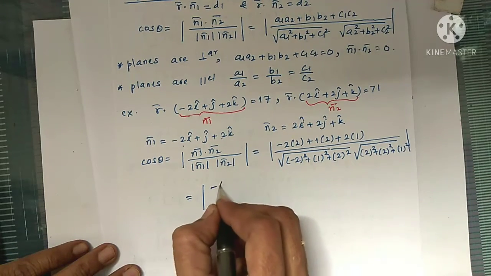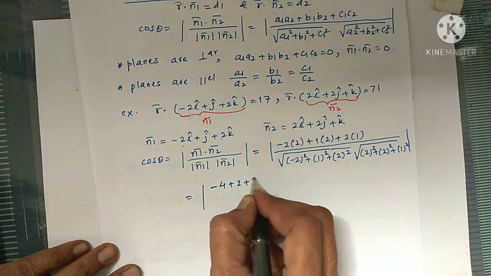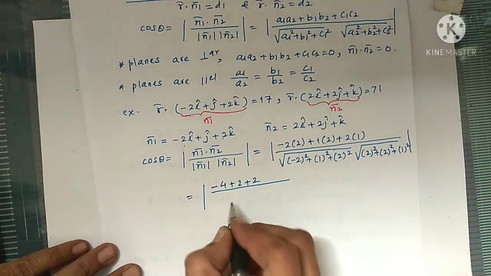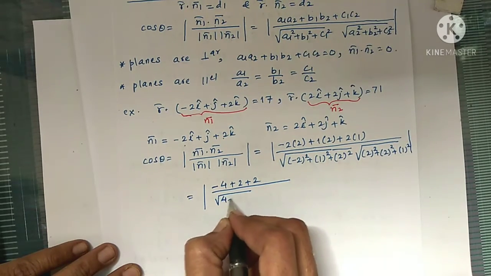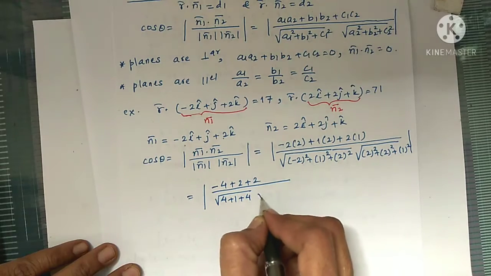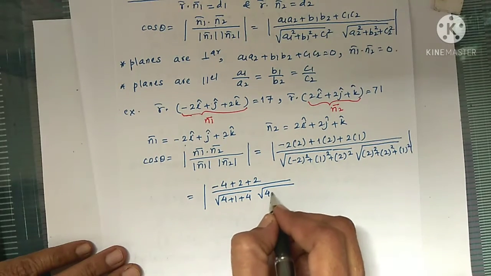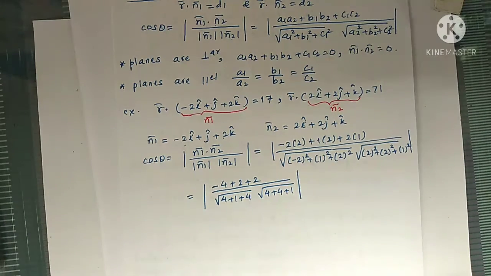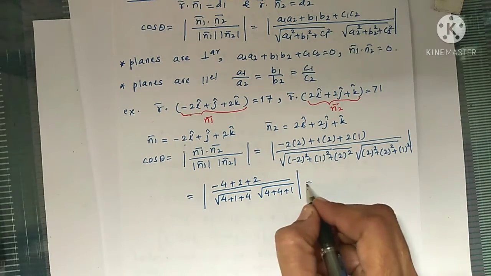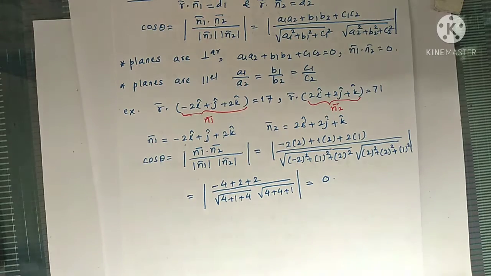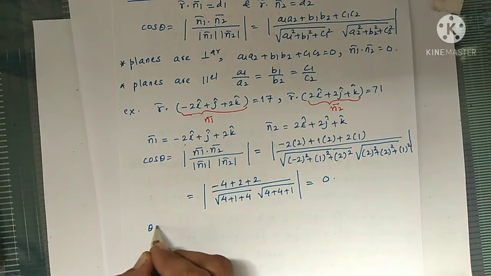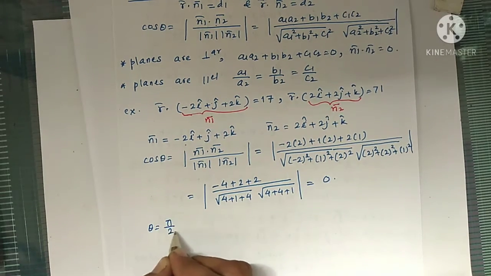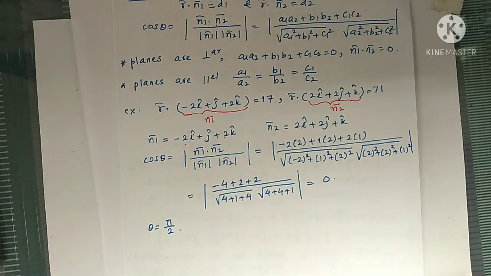So that is minus 4 plus 2 plus 2 over root 4 plus 1 plus 4 times root 4 plus 4 plus 1. The numerator becomes 0 and the denominator is a non-zero term, so this becomes 0. So cos theta equals 0, that means theta equals pi by 2. So these two planes are perpendicular to each other.